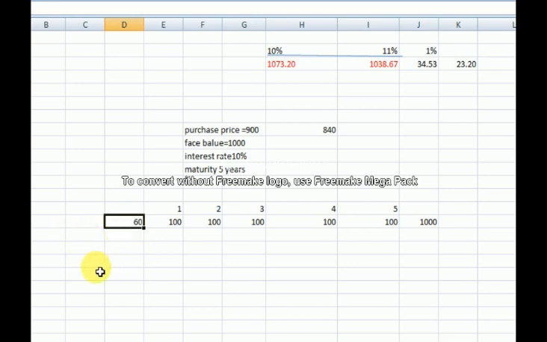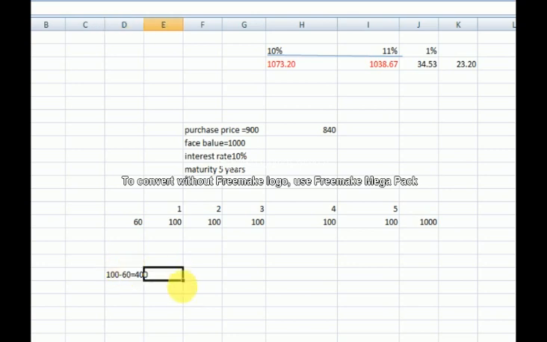Now $100 I received as interest, but $60 I lost as capital loss. So what is my total return in this case? It is equal to 40.